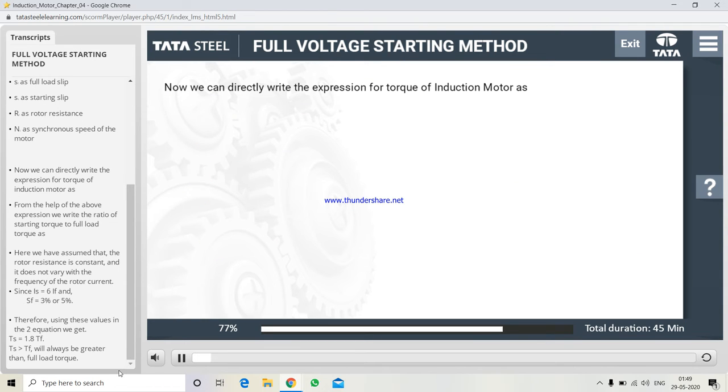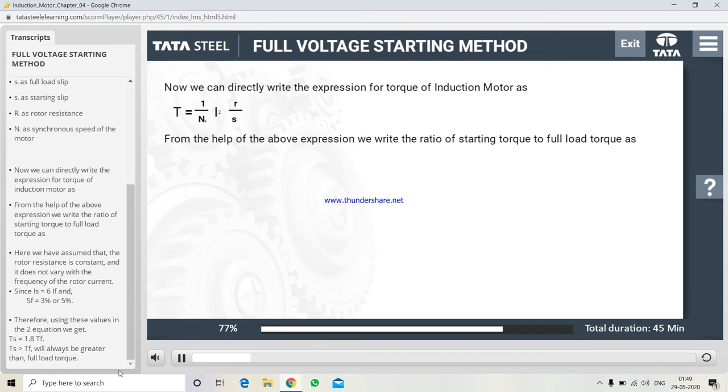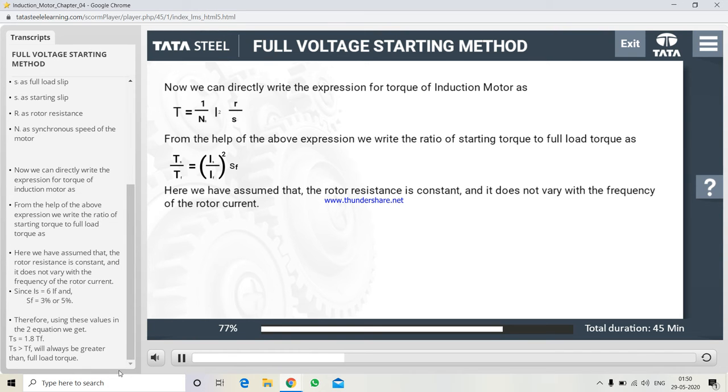Now we can directly write the expression for torque of the induction motor as shown. With the help of the above expression, we write the ratio of starting torque to full load torque. Here we have assumed that the rotor resistance is constant and it does not vary with the frequency of the rotor current.